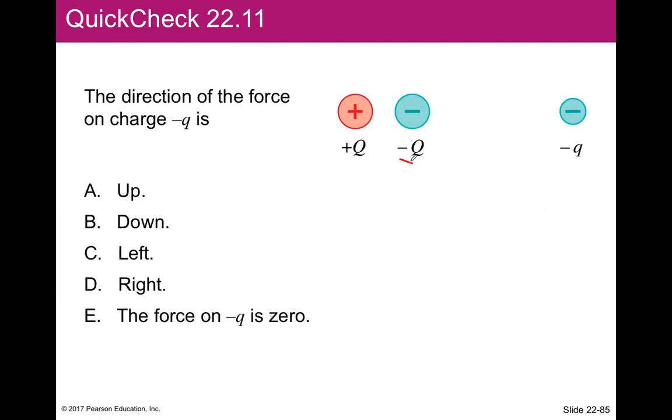So negative Q generates the force of repelling, and plus Q generates the force of attraction. Which one is bigger? The repelling force is bigger because they're getting closer. So the net force should be B.